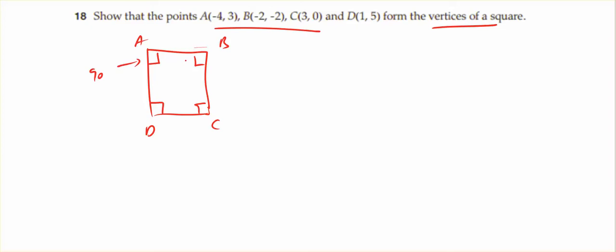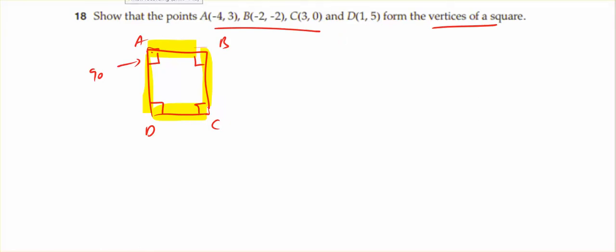That's basically just to prove that each of these lines intersect each other at 90 degrees. So that's the way you're proving that these form the vertices of a square.